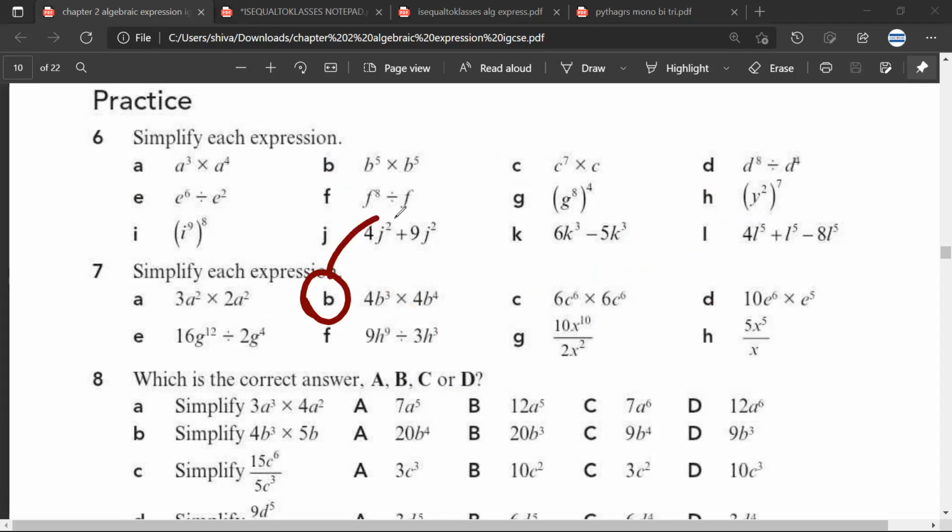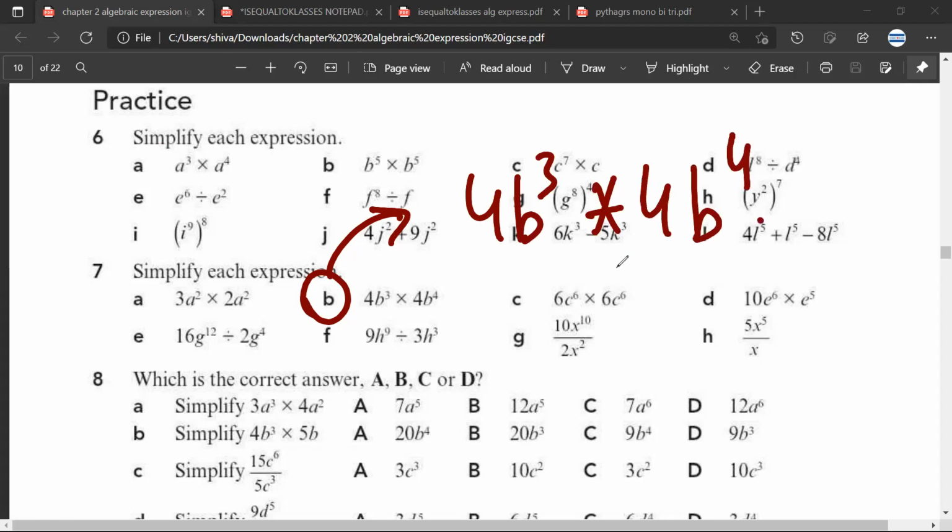Mr. Sarthak, what will be the answer for this? So 16B cube. So Mr. Sarthak, what will be the answer for, Mr. Satya, what will be the answer for this? Mr. Satya?